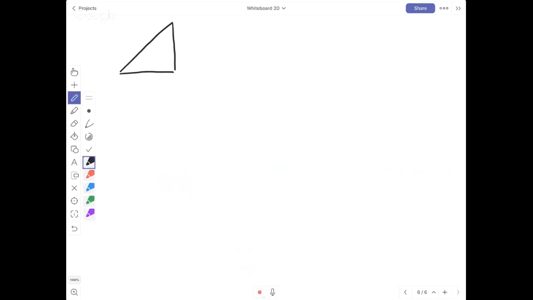So here's the 45 degree, 90 triangle. And there's basically just two places I can put the x. I could put the x like this, and solve for this side c, which is the more common way to do it.